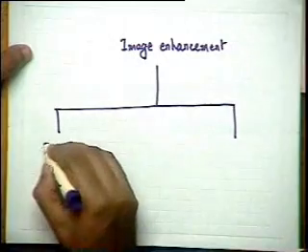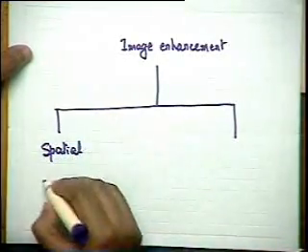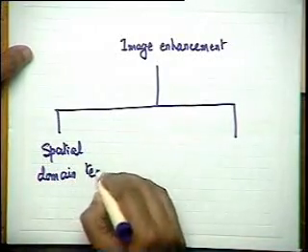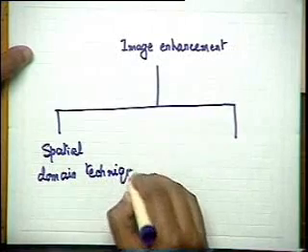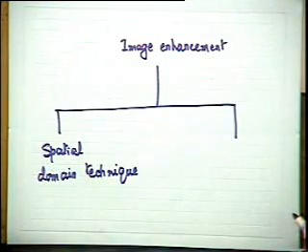The first technique which we apply is called the spatial domain enhancement technique. In spatial domain enhancement, we simply modify the grayscale values or the intensity values of the pixels directly.